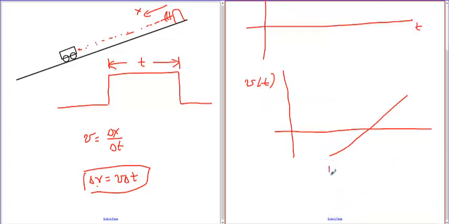So this part here is up the ramp, and this part here is down the ramp, like that. And right here is 0. When it gets to its maximum position up the ramp, it will have a 0 velocity. If we plotted position as a function of time, where the velocity is 0, you'll have your minimum position.